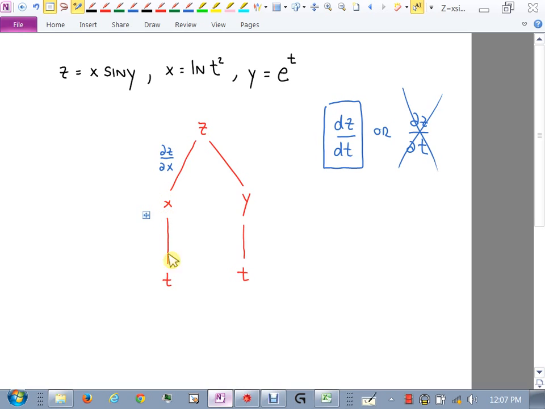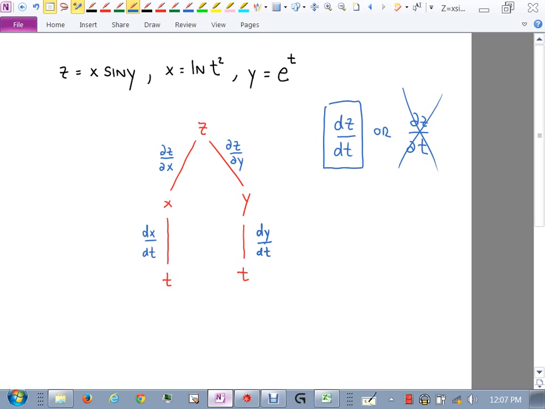And then from x straight down to t, that's a straight derivative. x depends on t. So from here to here is dx dt. Over here on this side, partial z with respect to y, and then straight down, dy dt. Regular derivative.